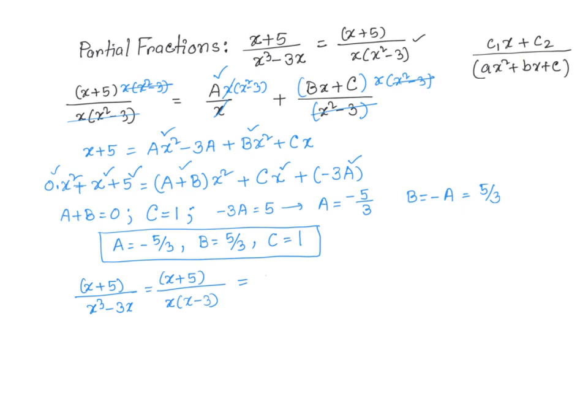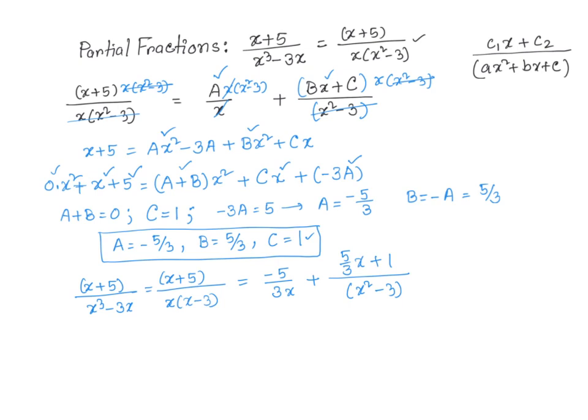So it's going to be negative 5 over 3x plus bx plus c. So b is 5 over 3, so 5 over 3x plus c is equal to 1. So it's going to be 1, and that is divided by x squared minus 3.